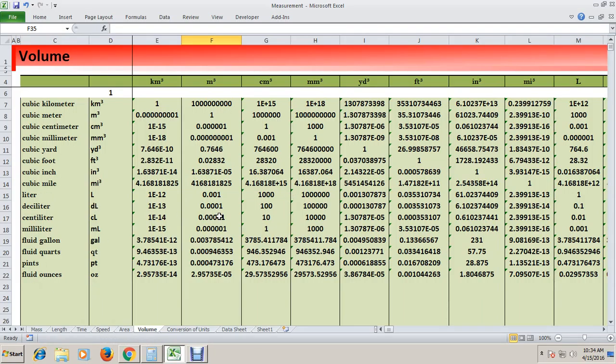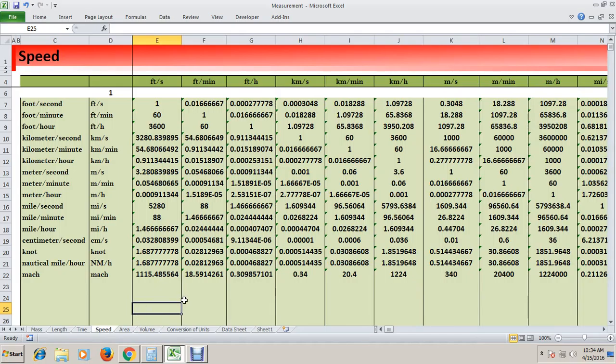Okay, so we're done with differentiating basic quantities from derived quantities. We're also done with the common units for the basic quantities: mass, length, and time. So perhaps we could proceed with the common units used for the examples of derived quantities that you see on the screen.